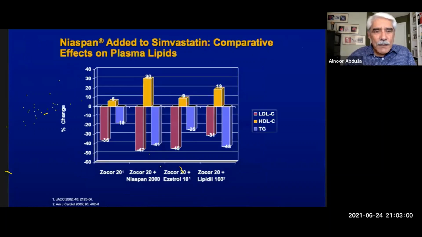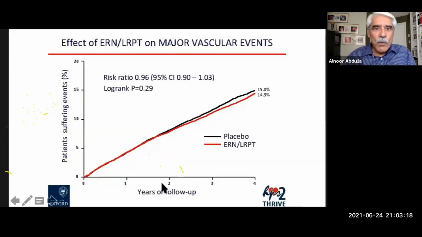So if we look at statins and niacin in combination, bad cholesterol is dropped, triglycerides are dropped, HDL goes up. So that combination is very, very good in terms of what it does to the lipids. Well, here is the HPS2 THRIVE trial, a very large trial in which all the patients were receiving statin and their LDL levels were normal and therefore didn't need the statins, or if they were taking statins, their LDL levels were fairly low, below 2.